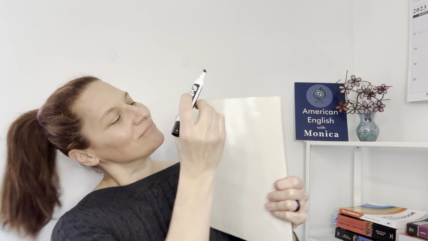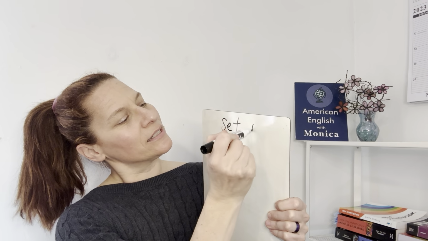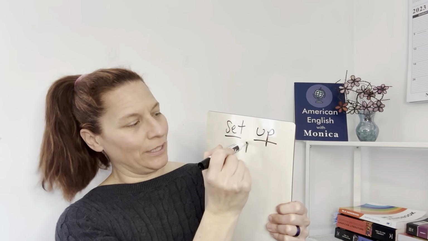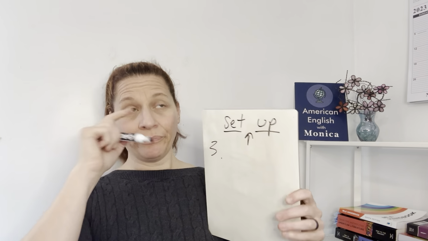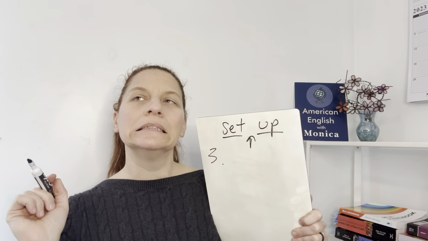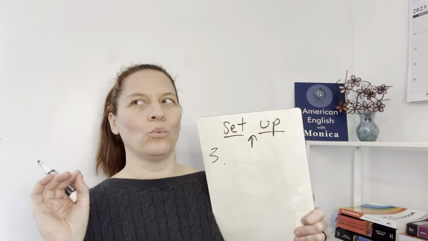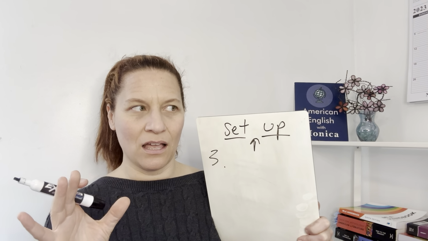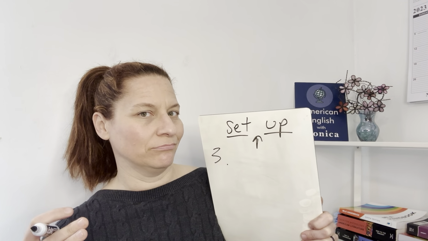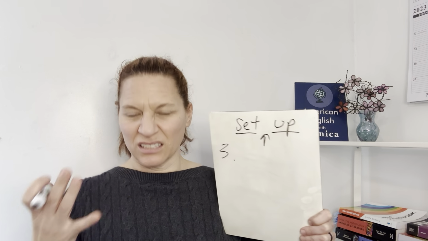Okay? Let's move on to set up people. This is very different. So when we set people up, again, we can separate it. The third definition is, this is quite bad, when we try to make an innocent person appear to be guilty.